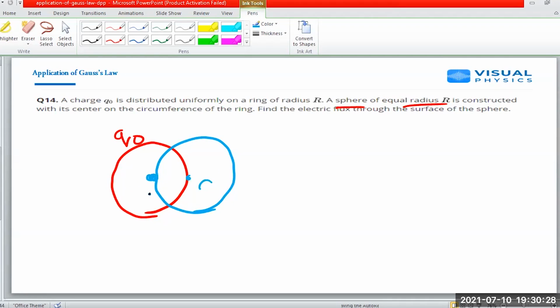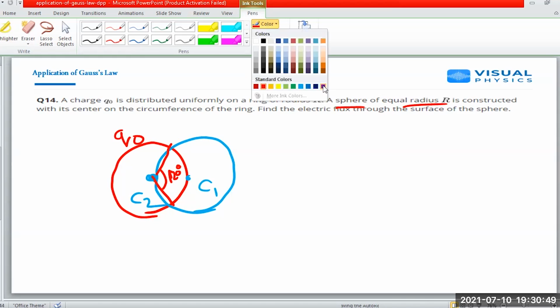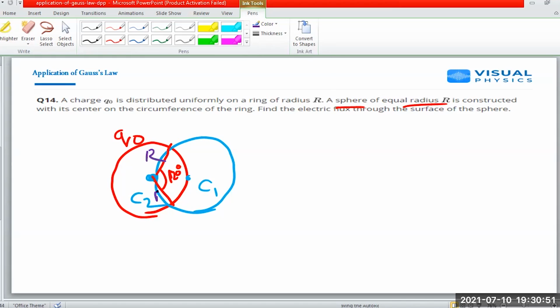I'm not going into the geometrical proof. I know that this angle is 120 degrees by symmetry. How it is coming 120 degrees, I am leaving to you as a proof.